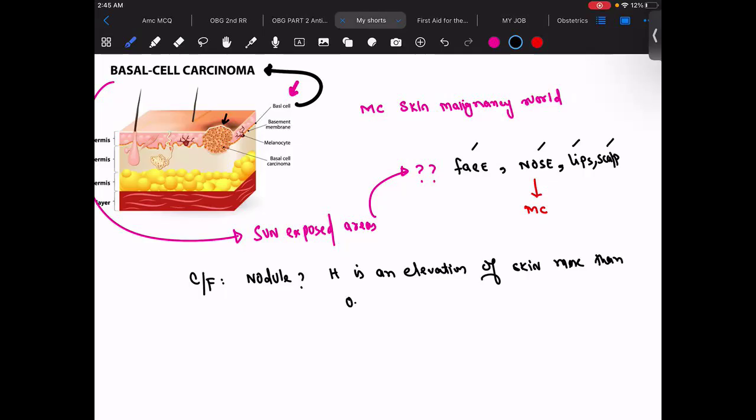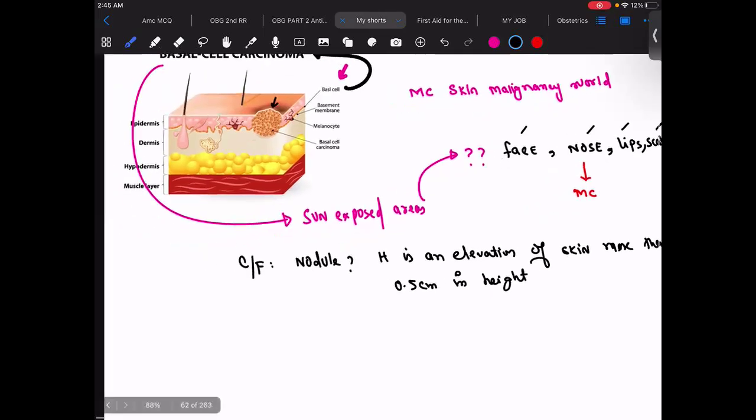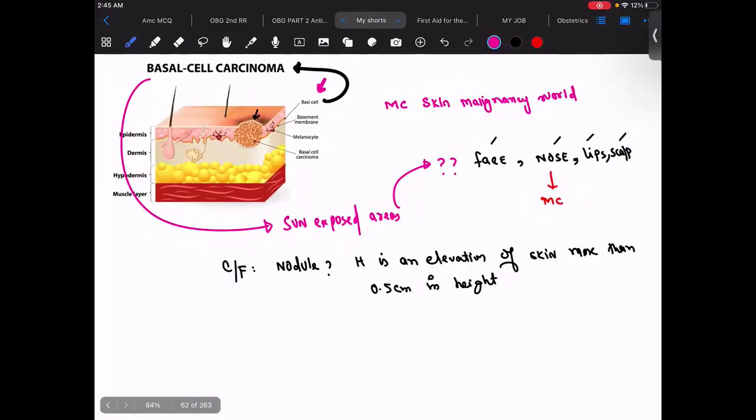A nodule is an elevation of skin which is more than 0.5 centimeter in height. If there is a lesion which is less than 0.5 centimeters in height, that is what we call a papule. Macules and papules. A papule is a lesion of the skin which is less than 0.5 centimeters.